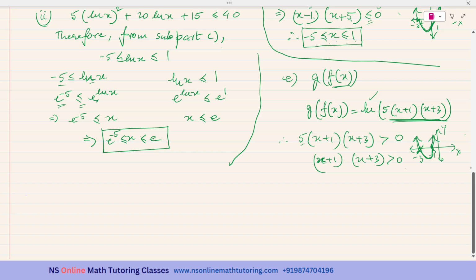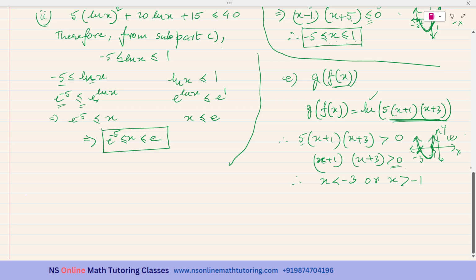Okay. So therefore, you draw the parabola. This will be giving the reason for your answer, telling the examiner how you are getting the answer. Okay. So therefore, x is less than negative 3. Don't include the equality sign because there is no equal sign over here. The argument of an ln function cannot be equal to 0. Okay. So x is less than negative 3 or x is greater than negative 1.